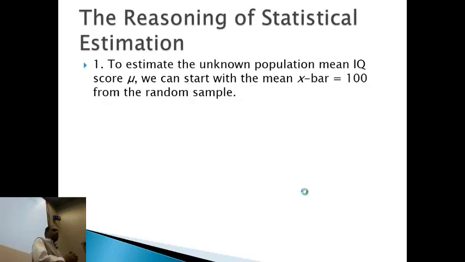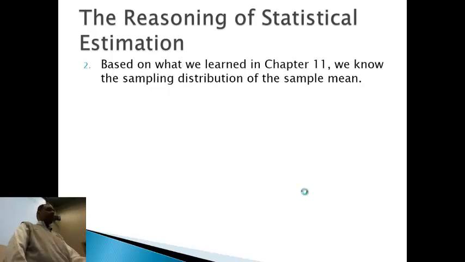So to estimate the unknown population mean IQ score mu, which we don't know, we start with the sample mean x bar. That's no problem. And again, because of what we learned in chapter 11, we look at the sampling distribution of x bar. So that's going to be, remember this guy?